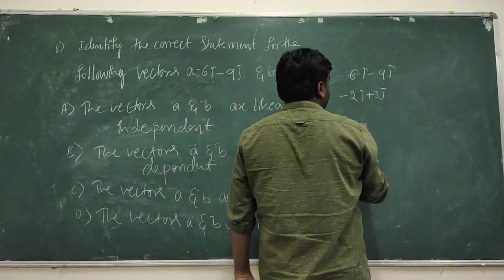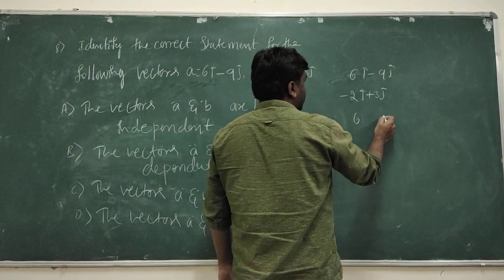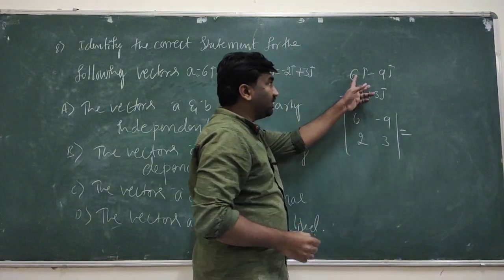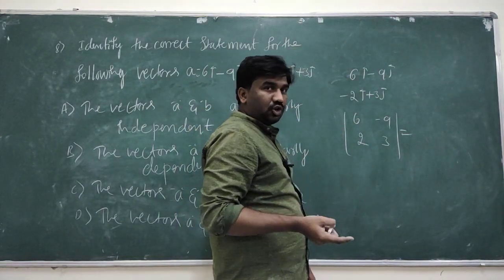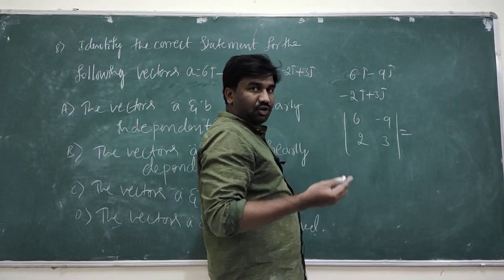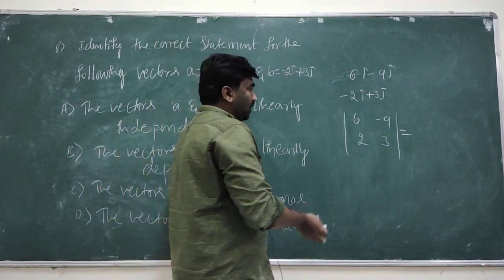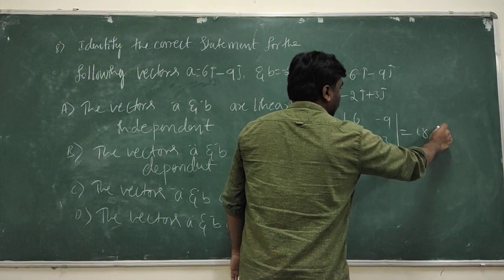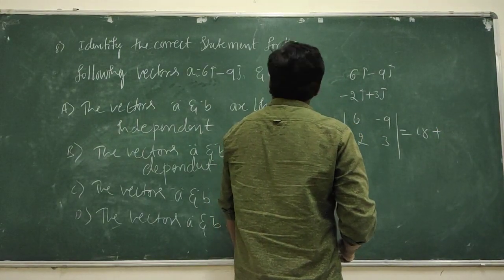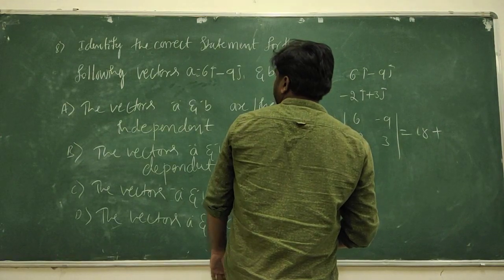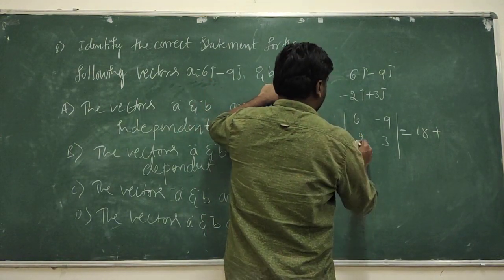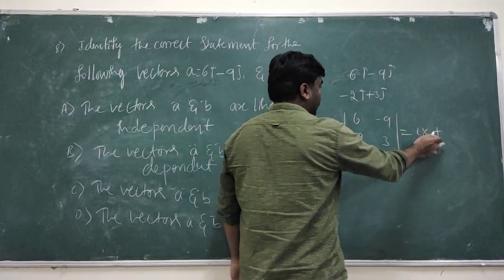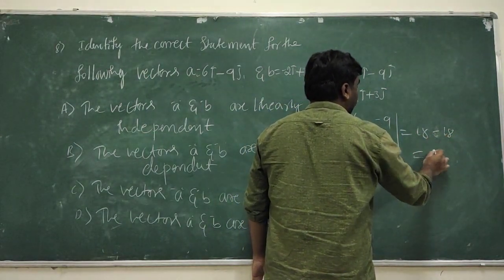So we can also write this as the matrix 6, minus 9, minus 2, 3. If you take the determinant of these two vectors and the determinant is equal to 0, then it is linearly dependent. If the determinant is not equal to 0, then it is linearly independent. So let's see, 6 3s are 18, minus 9 times minus 2, minus into minus is plus, 9 2s are 18, so 18 minus 18, which is equal to 0.